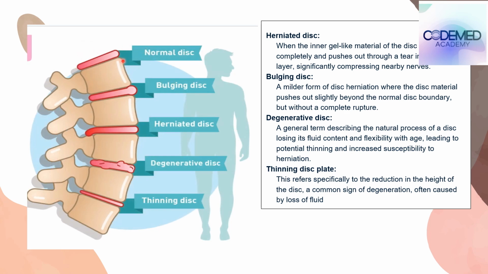So this is a normal disc. Sometimes the disc bulges out either anteriorly or posteriorly. So the bulging, the herniation, the degenerative disc is basically the changes in the disc as per the age and the thinning of the disc.